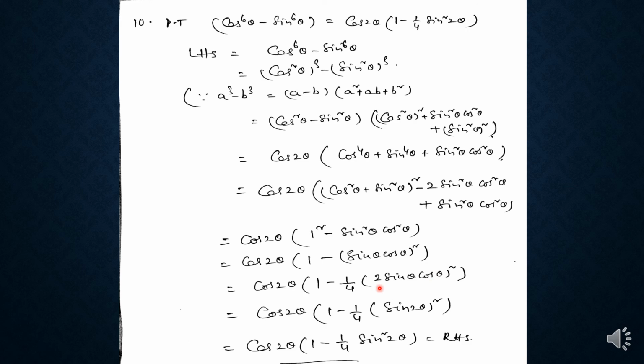That can be written as 2 sin theta cos theta whole square. So that is equal to cos 2 theta into 1 minus 1 by 4 into 2 sin theta cos theta, which can be written as sin 2 theta whole square. So that is cos 2 theta into 1 minus 1 by 4 sin square 2 theta, which is equal to RHS.